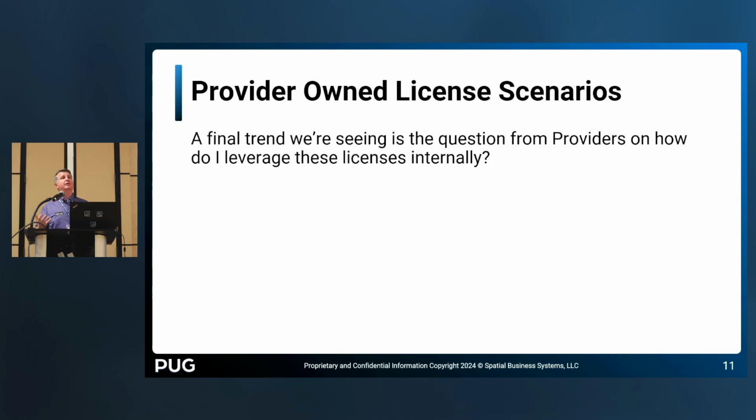What else can we do with them internally? So think through those scenarios as well, because once you own those licenses, you can use them for internal design processes, or if you have long-term clients that don't have AUD, and you want to put together a basic configuration that handles their design process, you can do things like that because you own the licenses now.